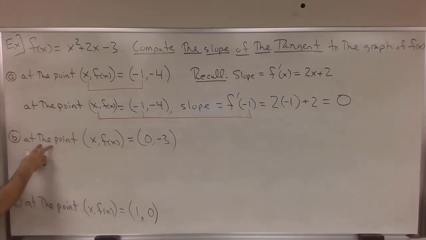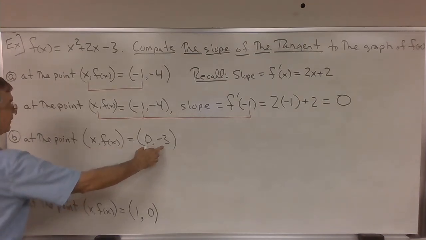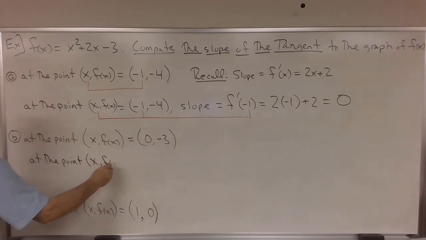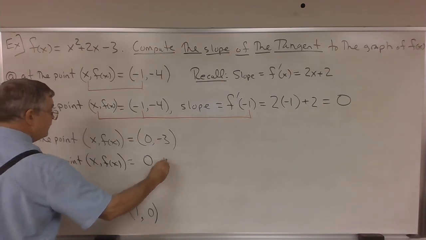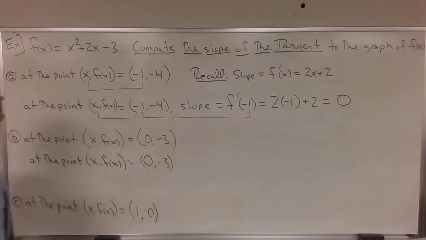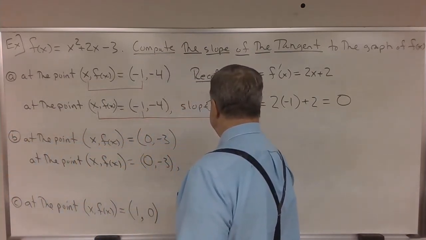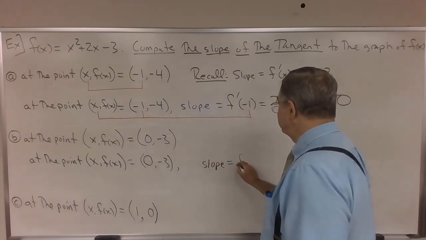We want to know the slope of the tangent at the point (x, f of x) equals (0, -3). So at the point (0, -3), the slope of the tangent is equal to f prime.